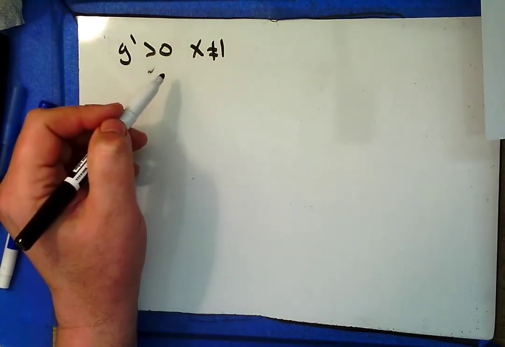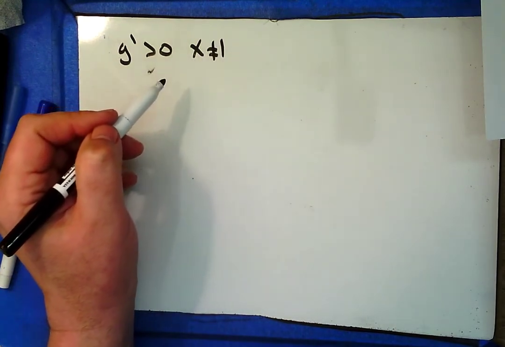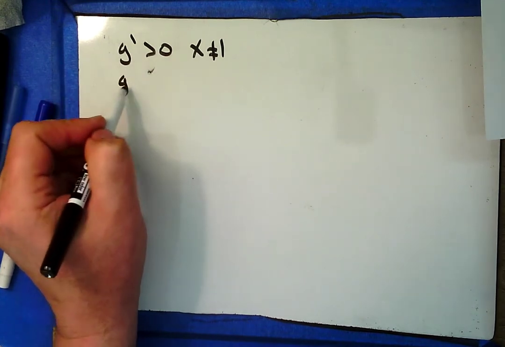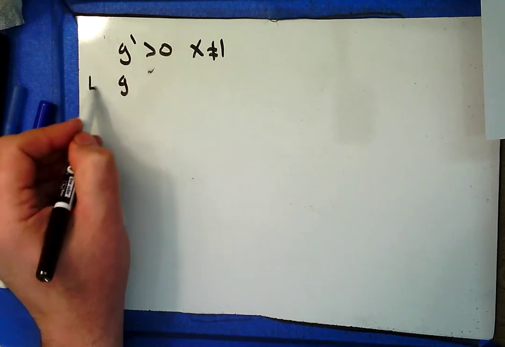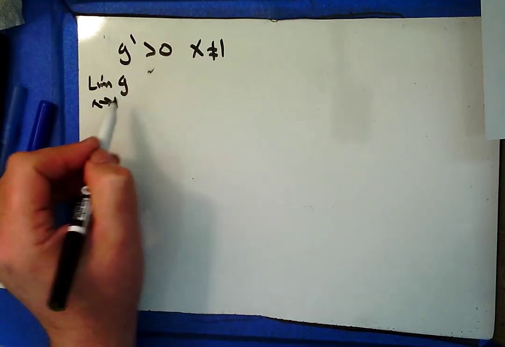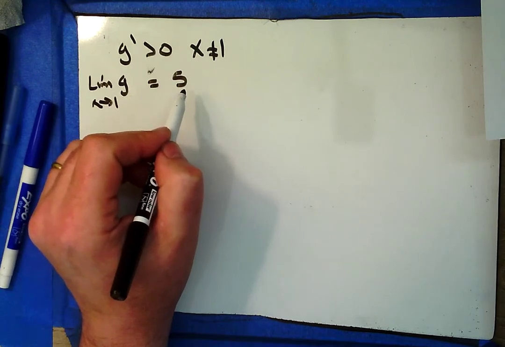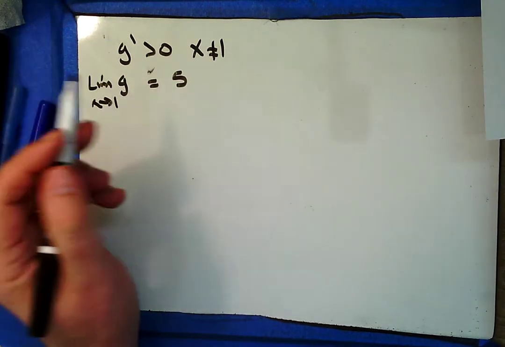So we want everywhere increasing except at 1. And then we see that the limit as x approaches 1 of g should be 5. Which of the following could represent the function g?